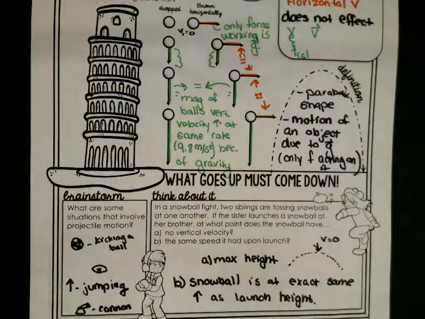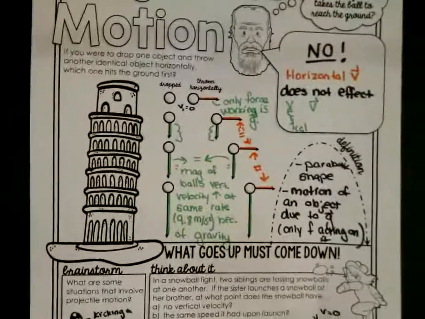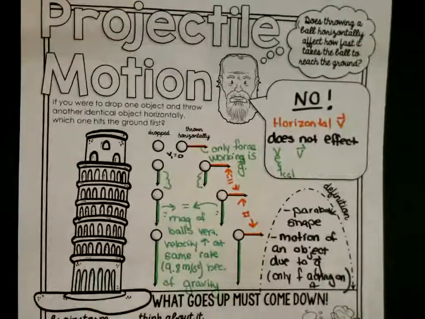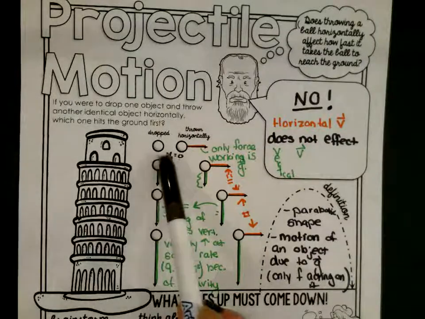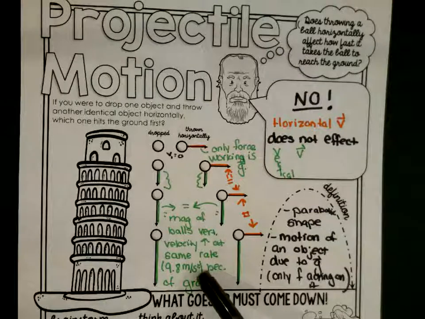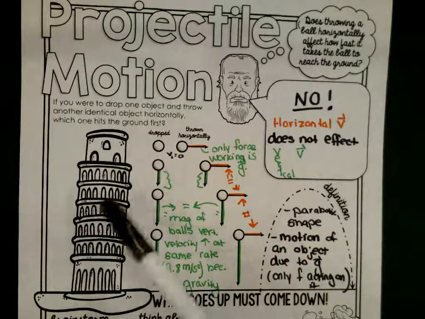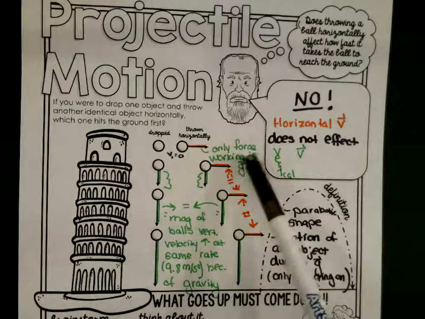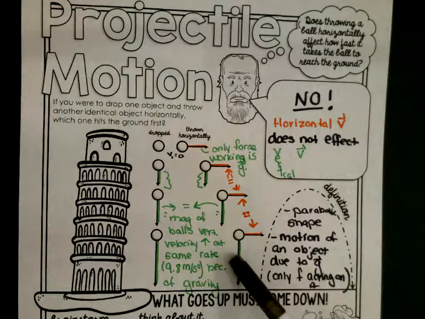Today, so when you think about projectile motion, to sum all of this up, we need to think about throwing something or launching something. And the only force acting on it after we throw it or launch it is gravity. And gravity pulls everything down at the same rate. So regardless of the fact that we projected it or threw it, it's not going to affect that vertical fall of the object.